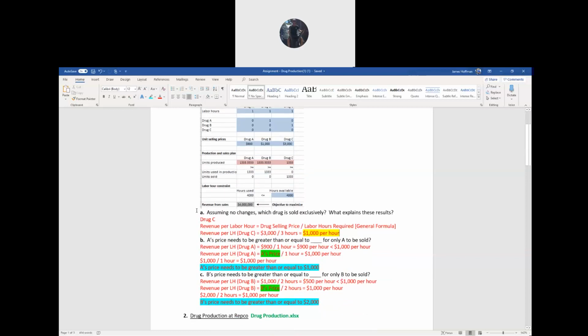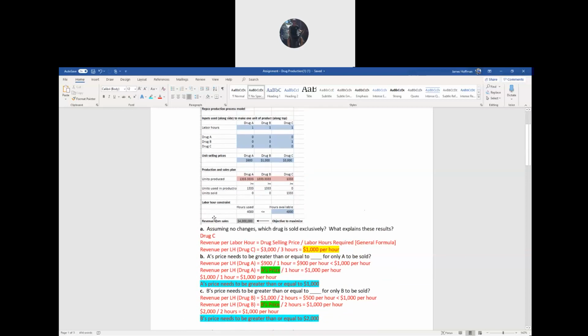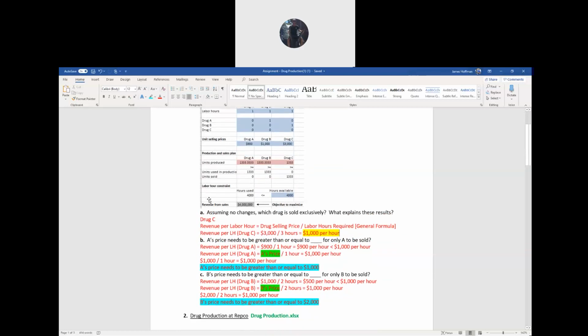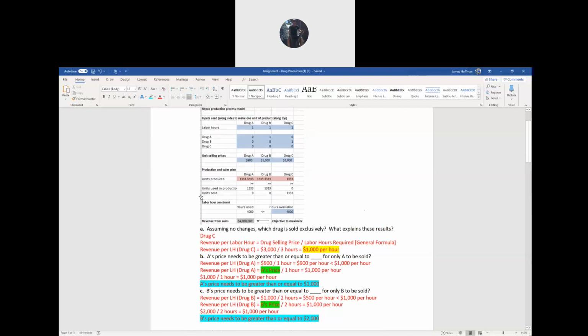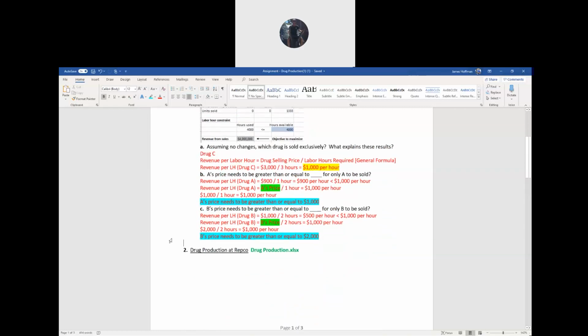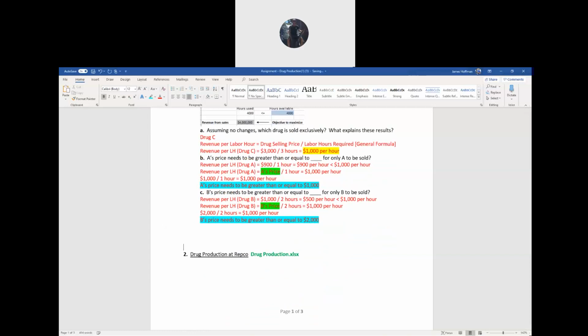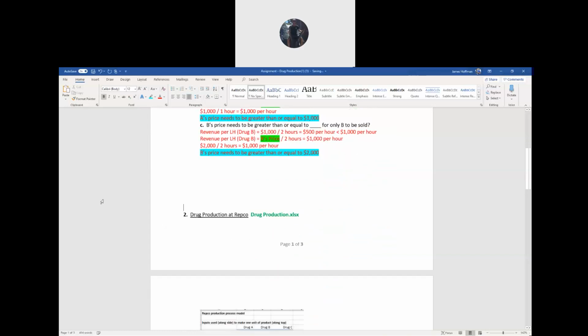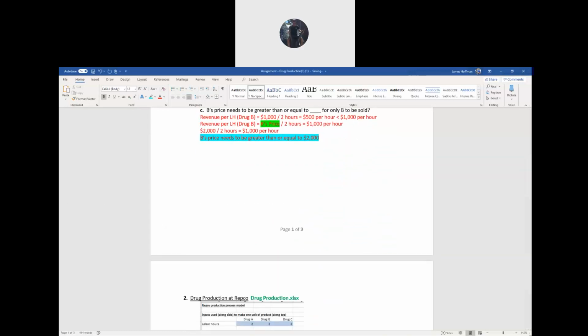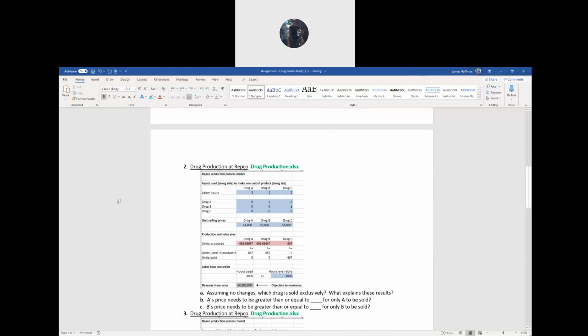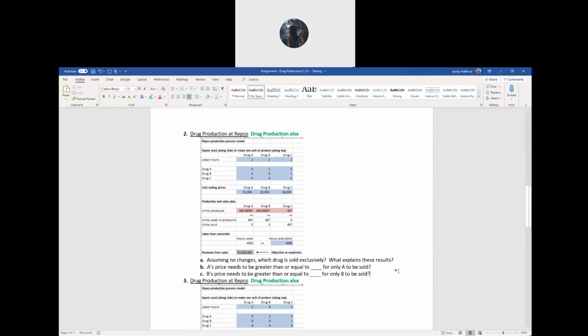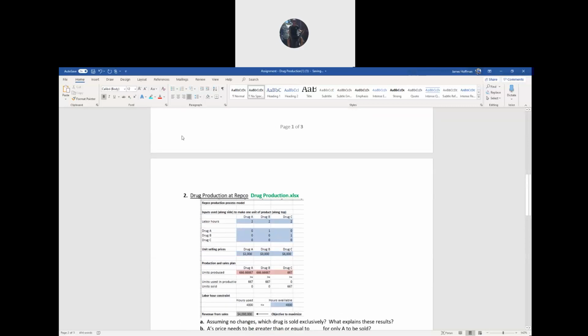So just stick with the same process, and I'd say double check your math because I try to make it so all of them come out with no decimals, and so if you get something with decimals, it's probably wrong. So that's a good way to check.